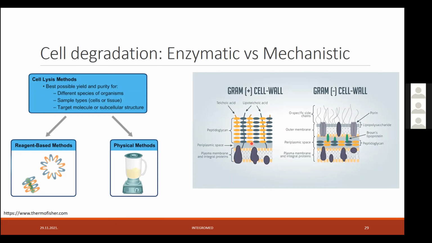If we use too mild a method, we could end up in a situation where we don't obtain information about all gram-positive bacteria, and if we use too harsh a method, then we could degrade not only the cell wall of gram-negative bacteria, but also the DNA or other genetic material that we want to analyze.